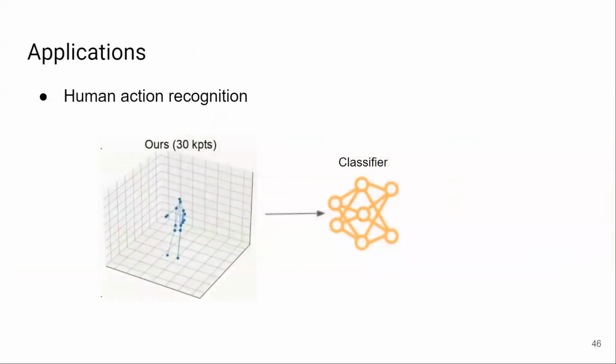Next, we investigate one particular application of the 3D key points, in particular, human action recognition. We train a simple CNN classifier in order to predict human action labels. We train this on top of 3D key points using ground truth labels as well as those obtained through BKinD-3D.